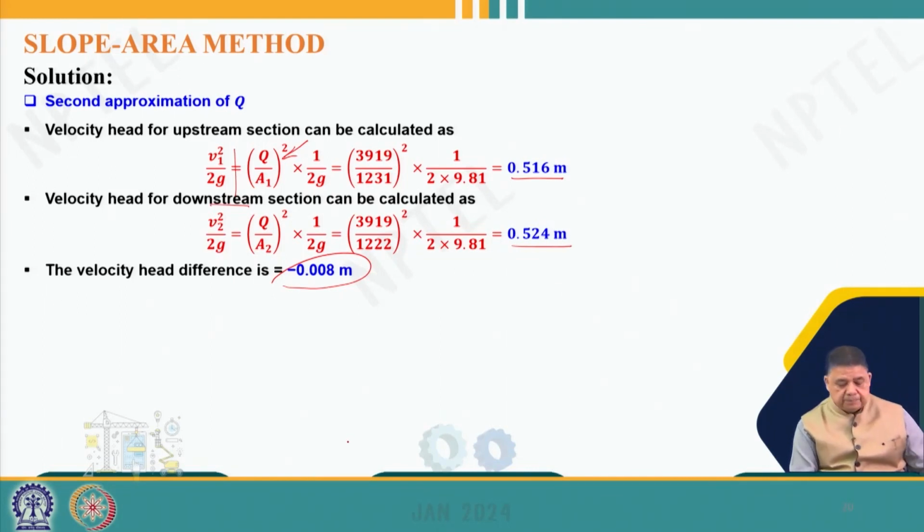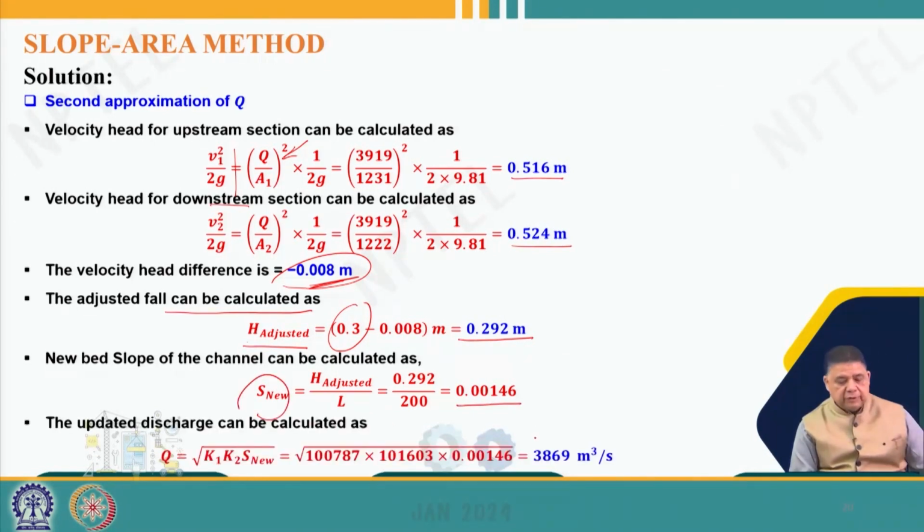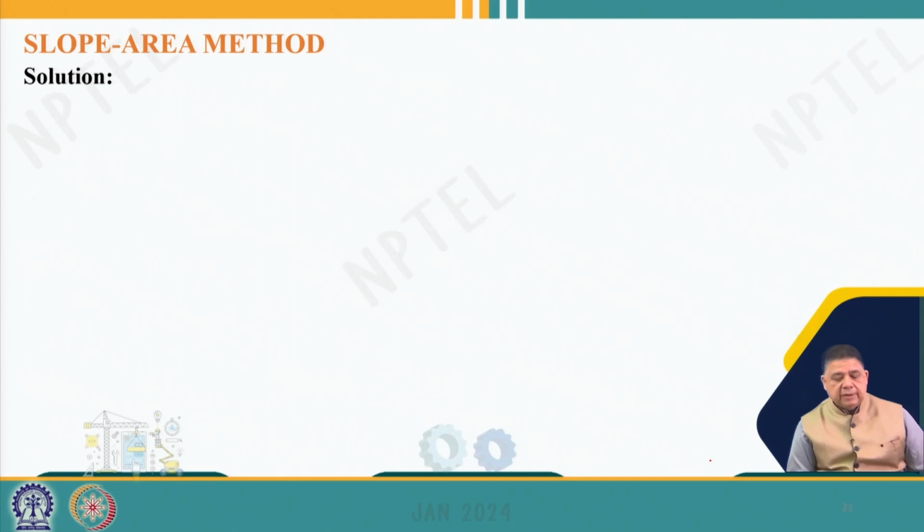So, the adjusted fall can be calculated. Earlier the fall was 0.3, but with the new discharge there is an adjustment. H adjusted is 0.292, and the new slope comes out to be 0.00146. The updated discharge we calculate is 3,869 cubic meter per second.